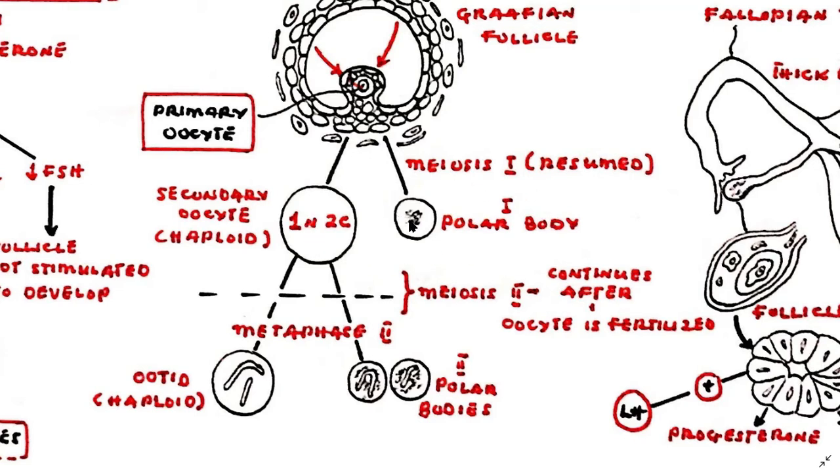One polar body is formed with meiosis 1 and two polar bodies are formed with meiosis 2. The secondary oocyte begins meiosis 2, but this division is again halted. This time it occurs at metaphase 2. Meiosis 2 will only continue if the oocyte is fertilized.